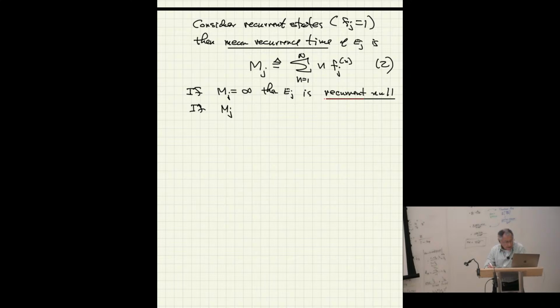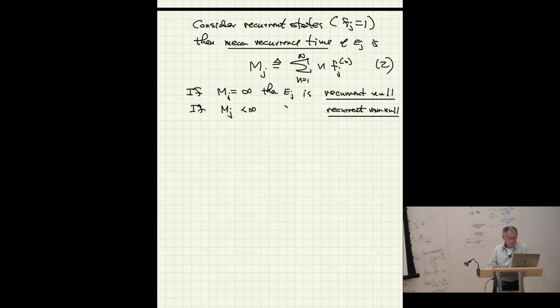If M_j is less than infinity, then E_j is recurrent non-null. Now, these recurrent non-null states, in some sense, are the states we like. You can get there, on average, in a finite amount of time, and you bounce around among them. So in some sense, we're going to consider those the good states. Recurrent null takes an infinite time to get there. That's not too interesting.